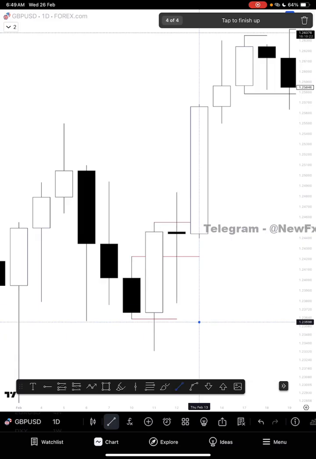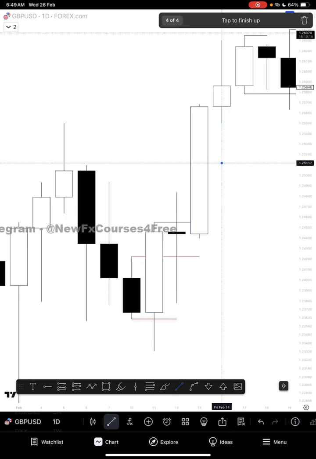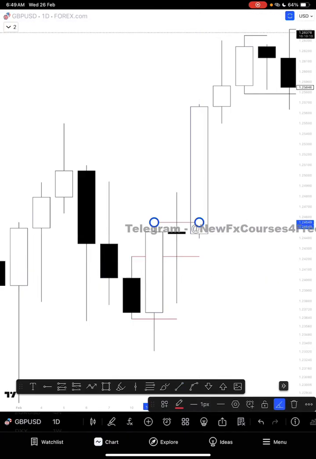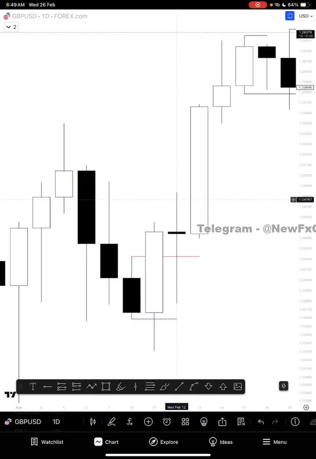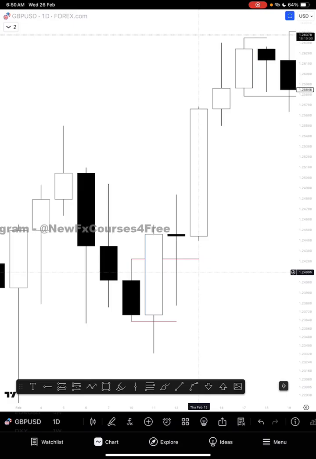No, because this move downward was actually a retracement to the CRT high, which actually sent price higher.